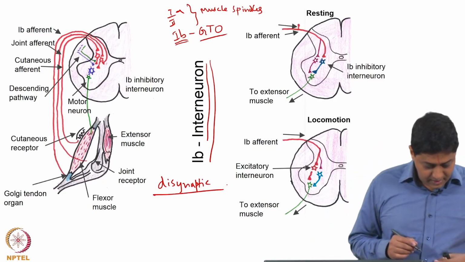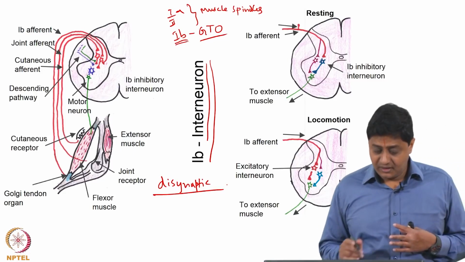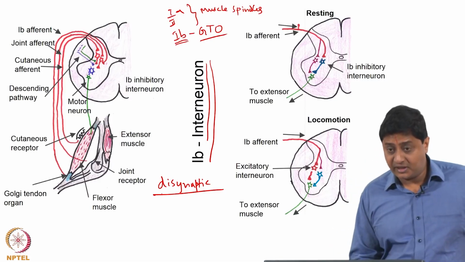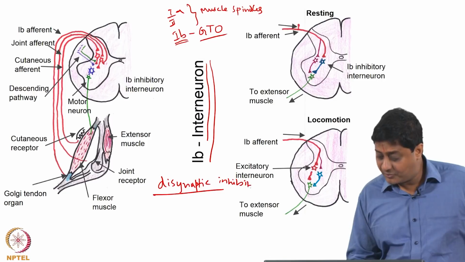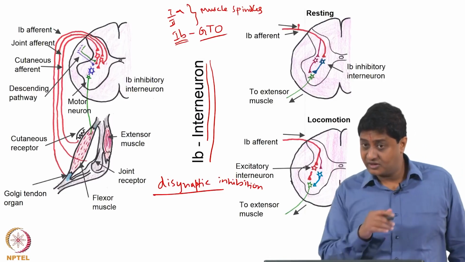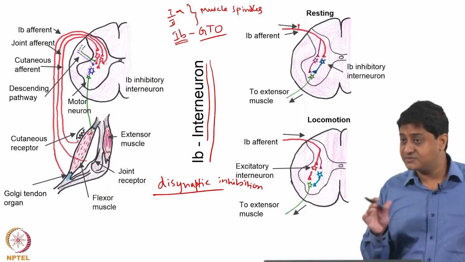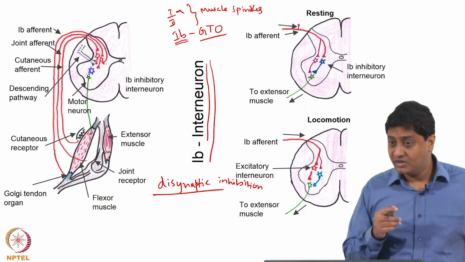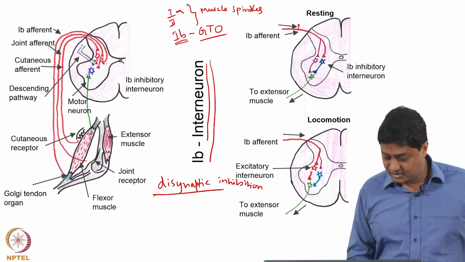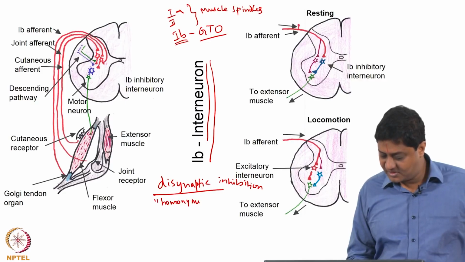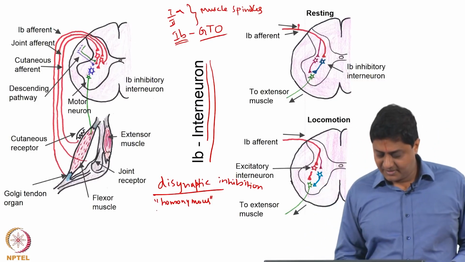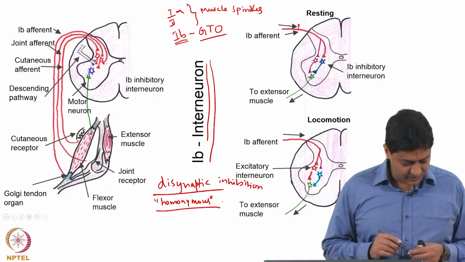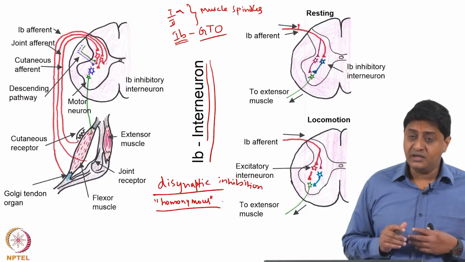And so this disynaptic pathway is inhibiting which muscle? Not the opposite muscle. Inhibition of the opposite muscle is performed by the 1A system. Here the same muscle is inhibited, which is homonymous.